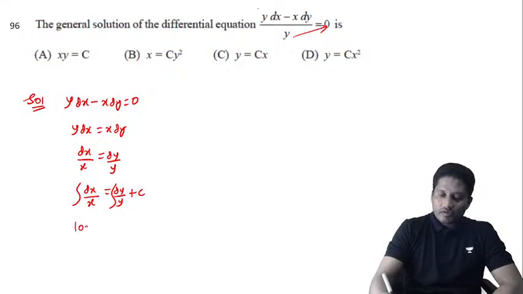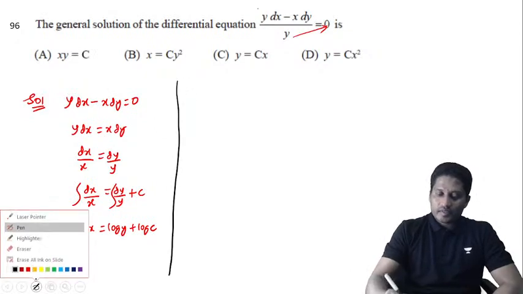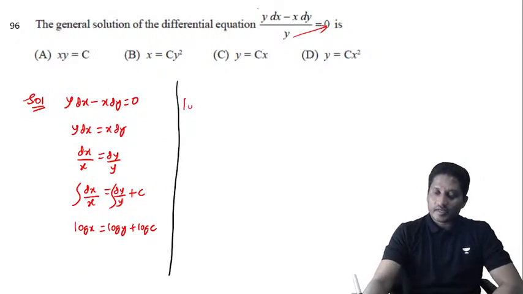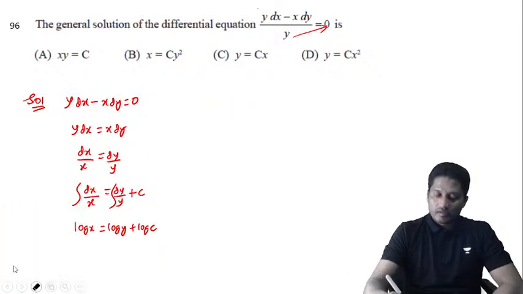Integration of 1 by x is log x, integration of 1 by y will be log y, and c can be written as log c. Okay, now if I equate, log m plus log n is log m into n, right? Log x is equal to log of cy. Sorry, cy. Log m plus log n is log m into n.